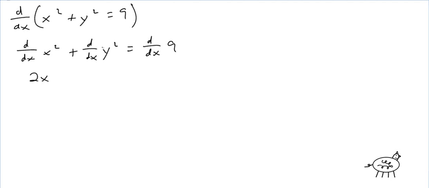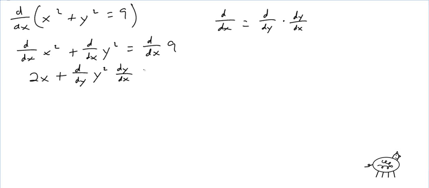All right, well, we can't take d by dx of y squared, but again, I'm going to write this on here. d by dx equals d by dy times dy dx. So what I can do is, I'm just going to show some steps here. It's going to be d by dy of y squared times dy dx. And then, of course, what's d by dx of 9? It's a constant, so it's 0.